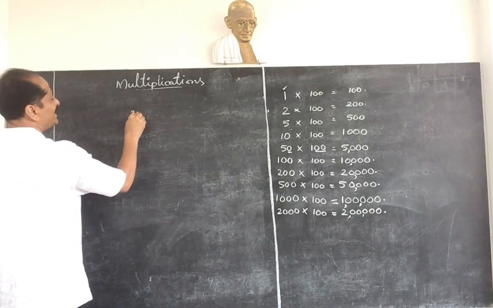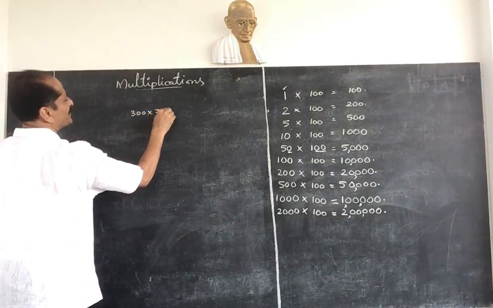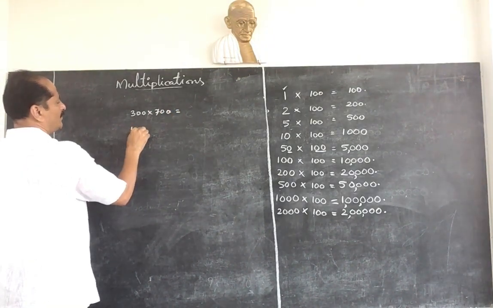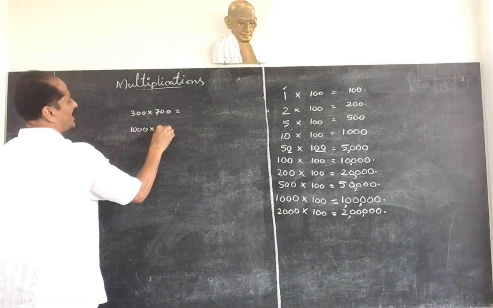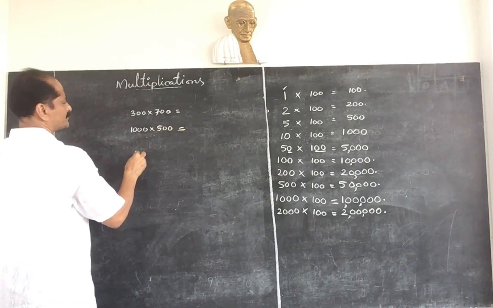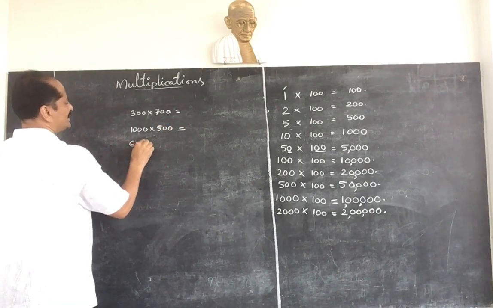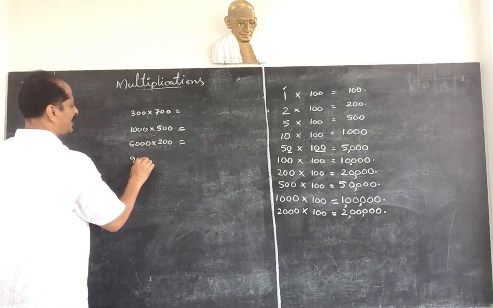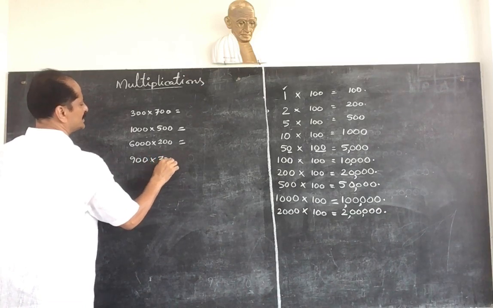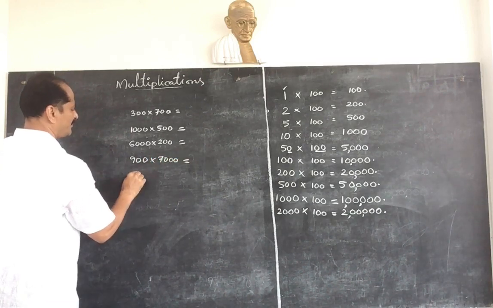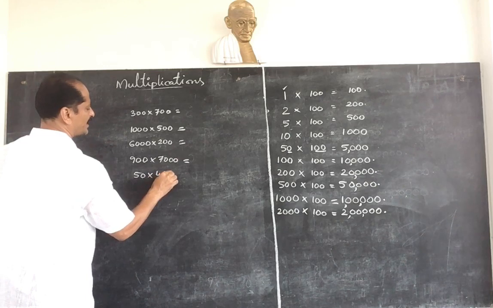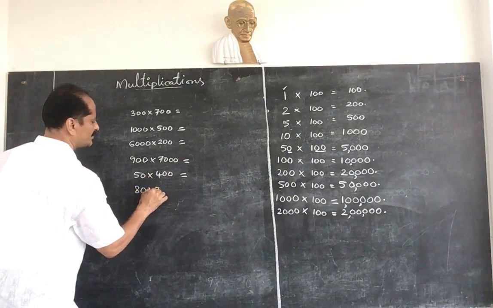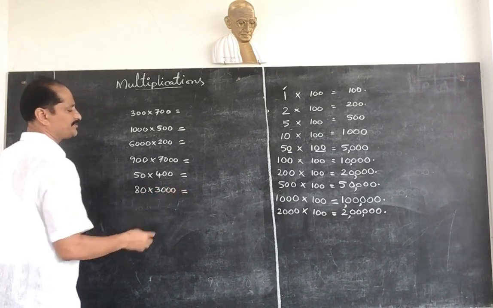So 300 into 700, for example. 1000 into 500. 6000 into 200. 900 into 7000. 50 into 400. 80 into 3000. What are these values?